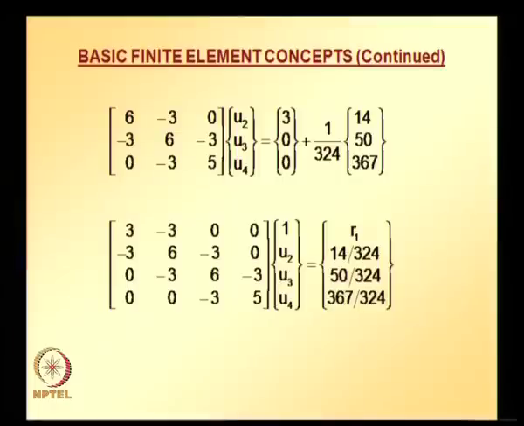I do not know what that value is, that is why I am denoting it with R1. Now you have this equation system, and you can use partitioning of matrices and solve for u2, u3, u4, and once you get u2, u3, u4, you can back-calculate R1.